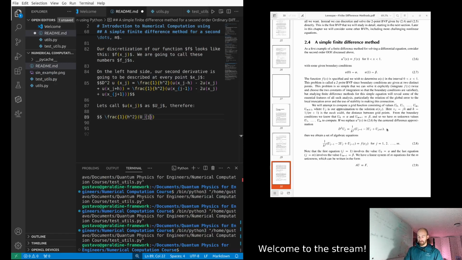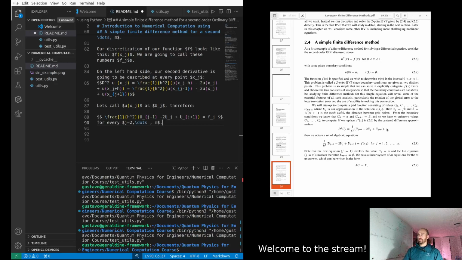So u sub j minus 1 minus 2 u sub j plus u sub j plus 1 is equal to f sub j. And this is true for every j equals 2, all the way to m.